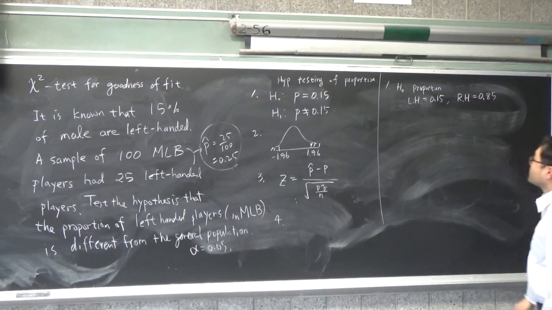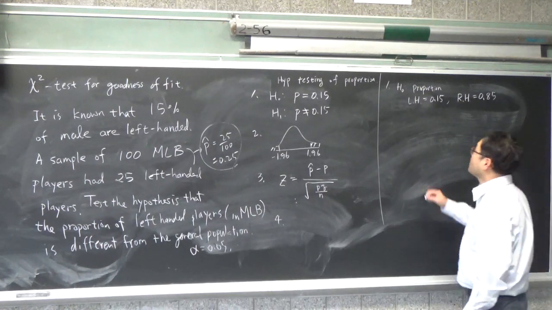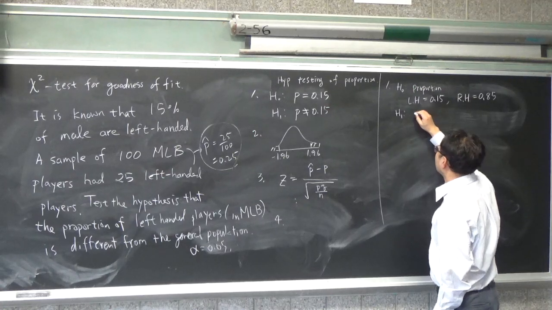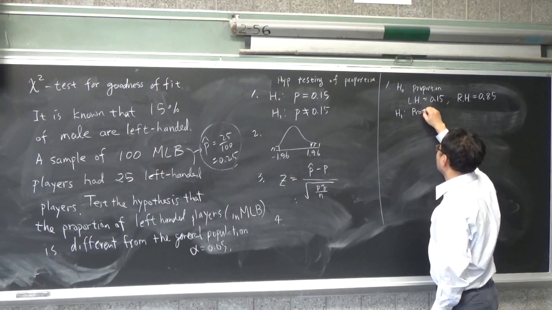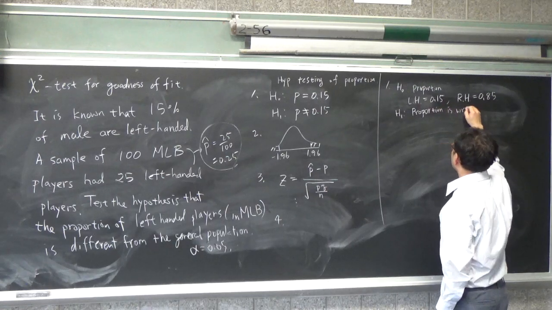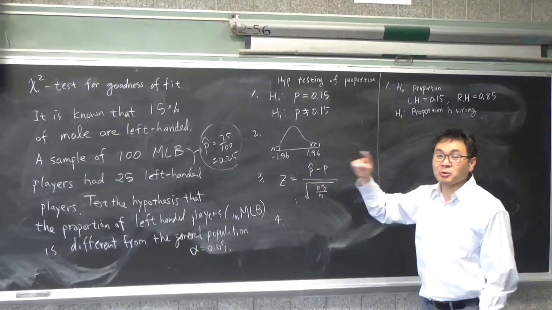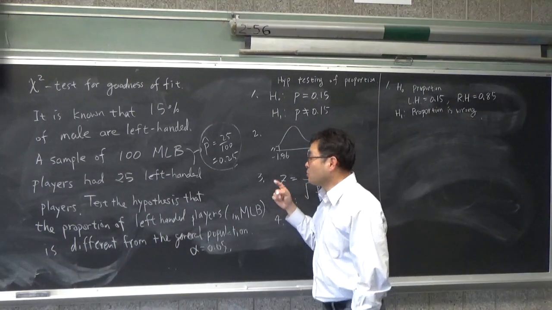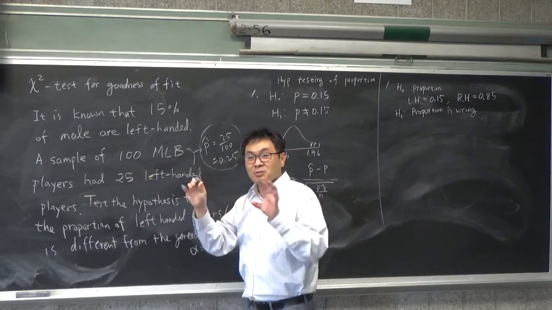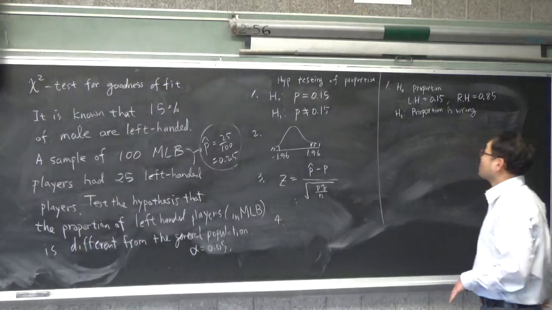Okay, that should be your hypothesis, and the alternative hypothesis is that the proportion is wrong. Even if you account for the fact that there's some randomness in this sample, there will be very low probability that the proportion will be this much different. Okay, so that's the alternative.